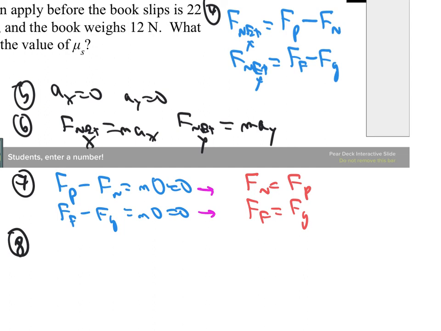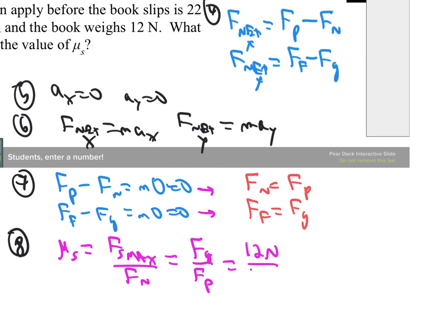As always, the recipe here is probably overkill, but always works. Finally, we can say, well, mu s is the maximum static frictional force over the normal, which in this case is the weight over our pushing force, which is 12 newtons over 22 newtons, which turns out to be just about 0.55. And so that would be the coefficient of static friction for this situation.